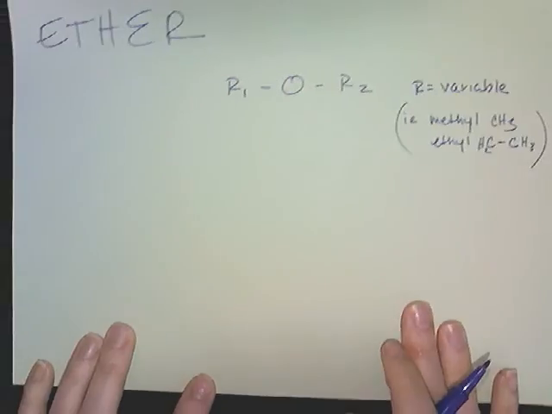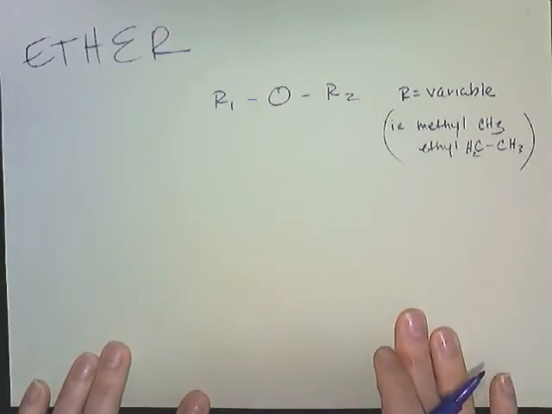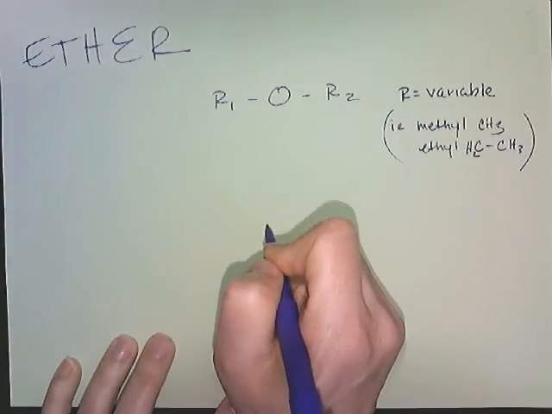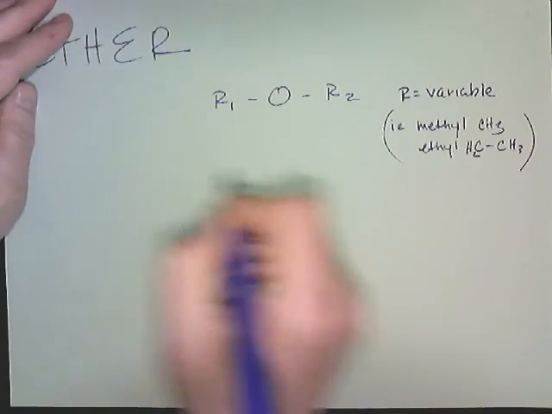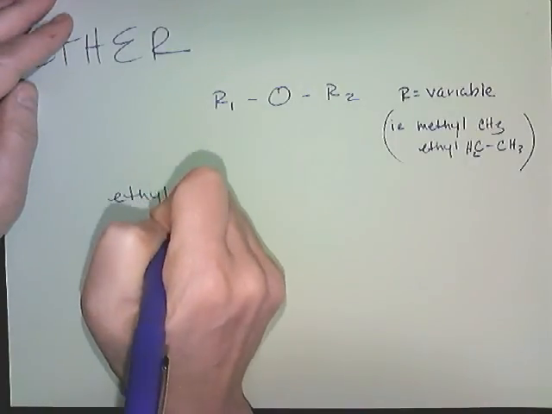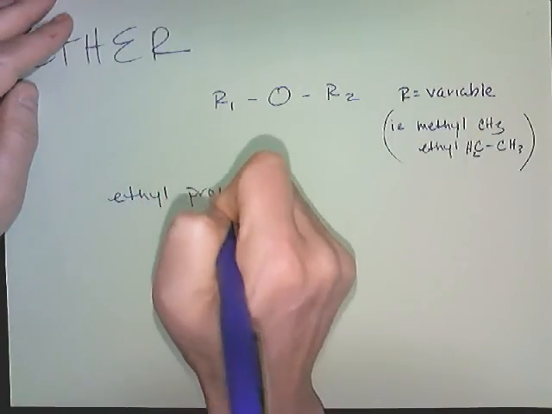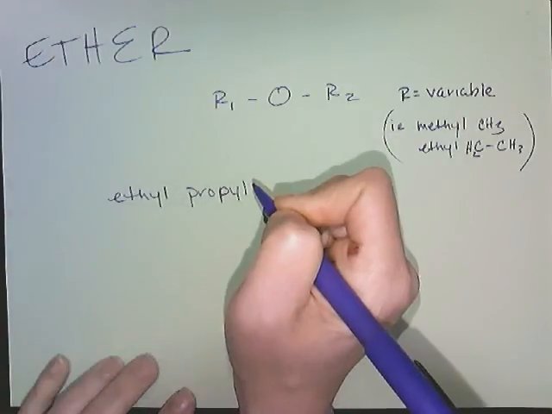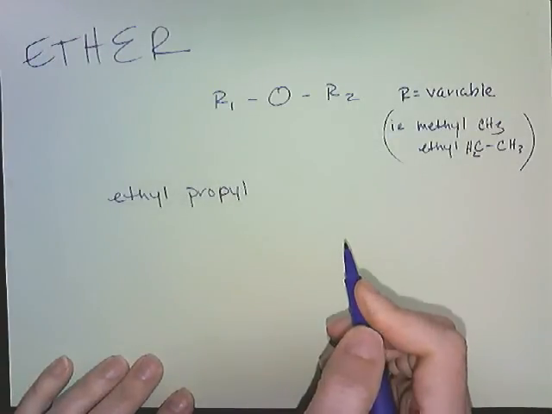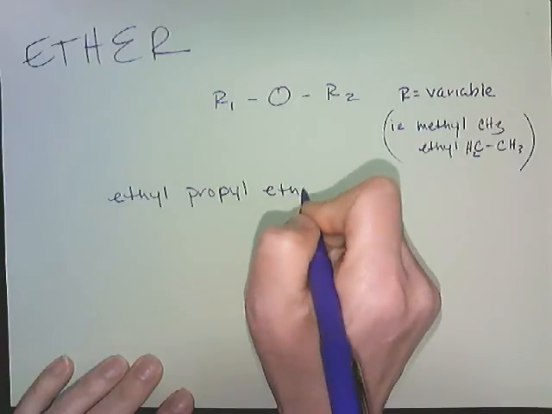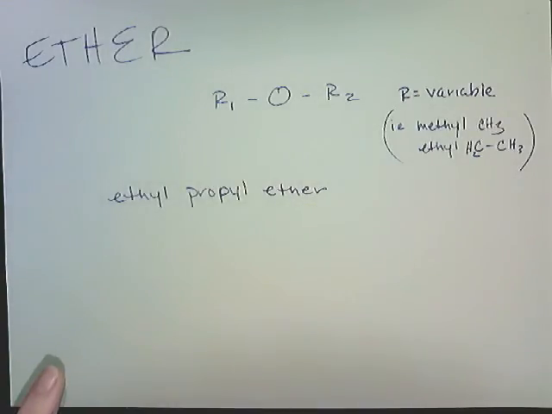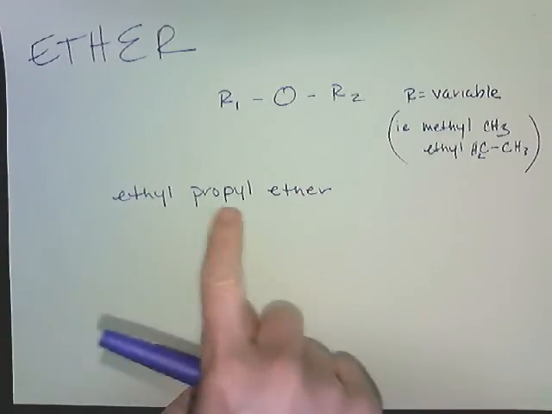So let's take ethyl propyl ether. So just like an amine, the word ether, or just like a carboxylic acid, the word acid appears in the name. So we've got ethyl propyl ether.